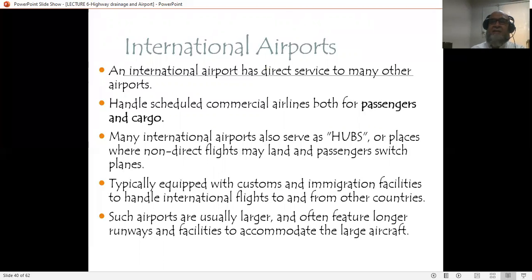Take the example of Emirates Airlines. If you want to go to, say, Australia, first Emirates will take you to Dubai International Airport. And from Dubai International Airport, you will be transported to your destination, Australia, as I've exemplified.